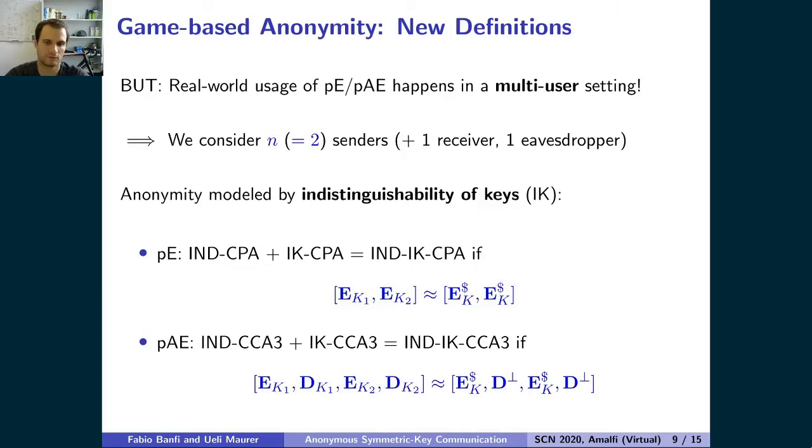And also plaintext in encryption are replaced by random plaintexts. And decryption always returns bottom. So in particular, this distinction problem models confidentiality, authenticity, and also anonymity for probabilistic authenticated encryption.